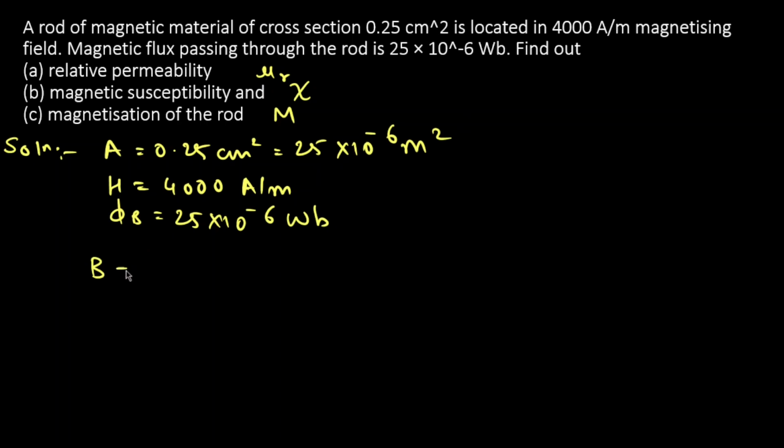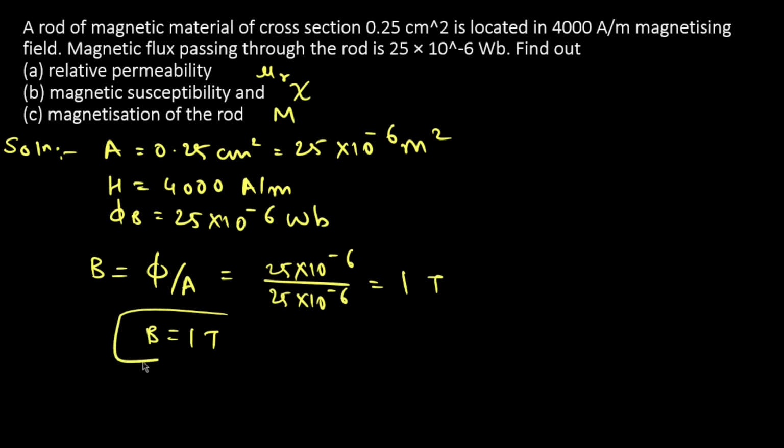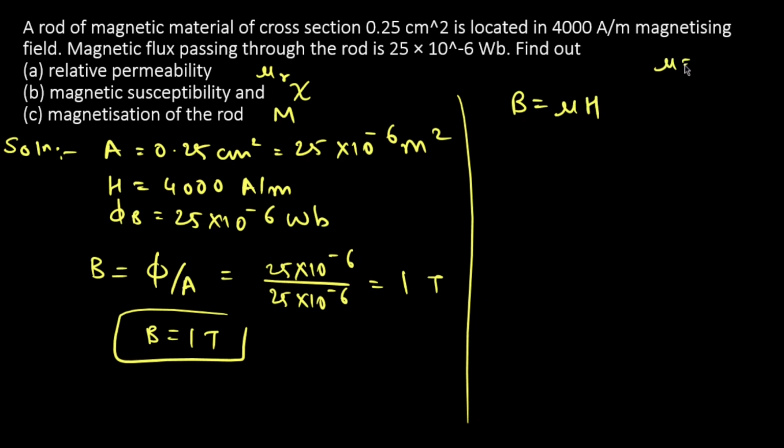We know B is equal to flux upon area, which is equal to 25 into 10 raised to minus 6 divided by 25 into 10 raised to minus 6, which comes out to be 1 Tesla. So the magnetic field is 1 Tesla. Now in order to calculate relative permeability, we know B is equal to mu H, that is permeability of medium. Now mu is equal to mu naught into relative permeability.